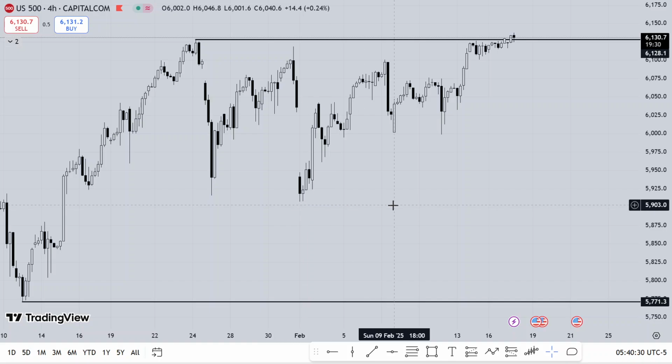When you have this type of price action, this is what a range bound price action does. It gives you a 50-50 narrative going into the first half of the week, which is Monday, Tuesday, and Wednesday.